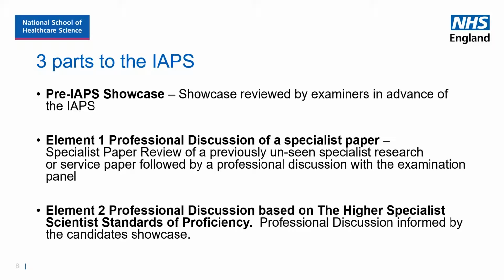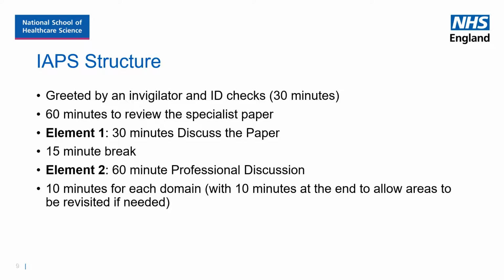This is followed by professional discussion around your development across the standards of proficiency for higher specialist scientists. The role of the showcase is to support the examiners in the second professional discussion by informing them of your best work in each domain of the standards.